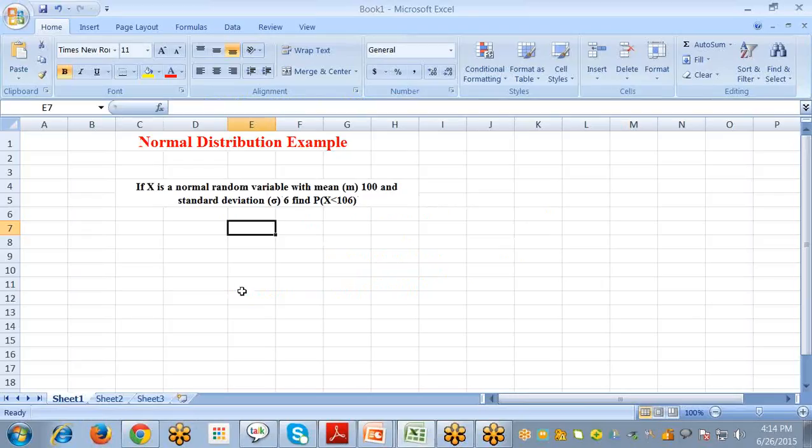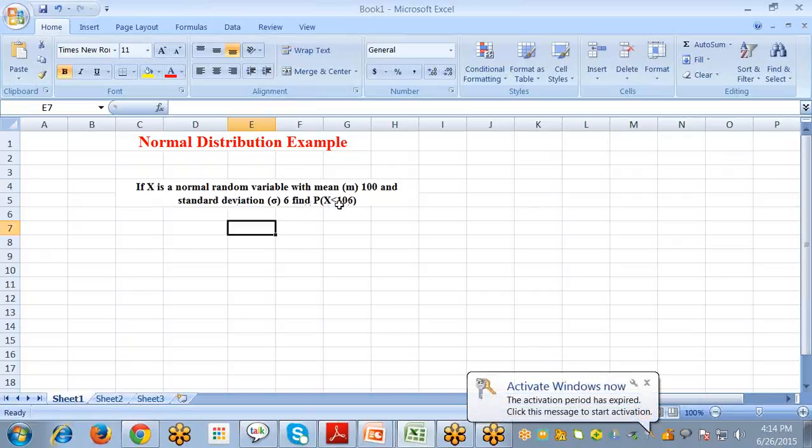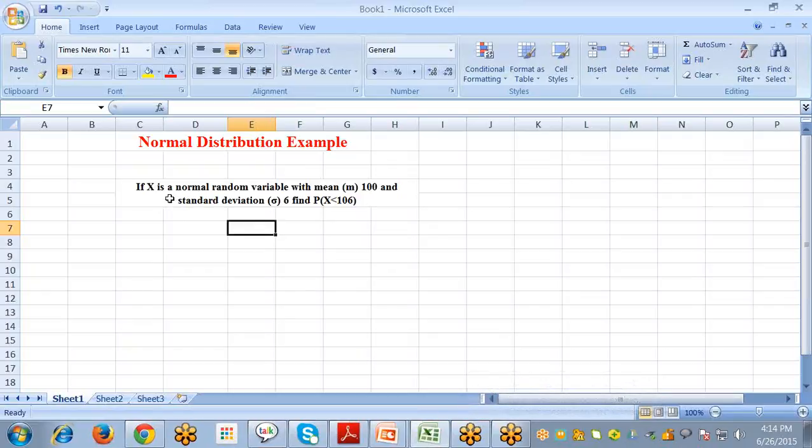So let's look at an example. If x is a normal random variable with mean mu 100 and standard deviation sigma 6, then we have to find P where x is less than or equal to 106. So this is the second condition within the four possibilities.